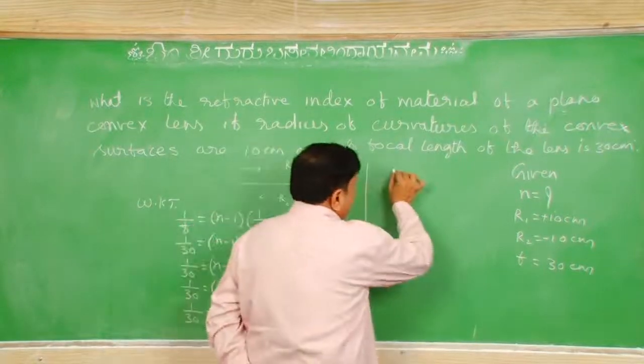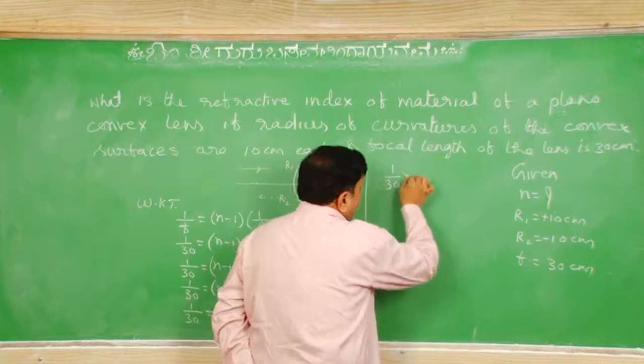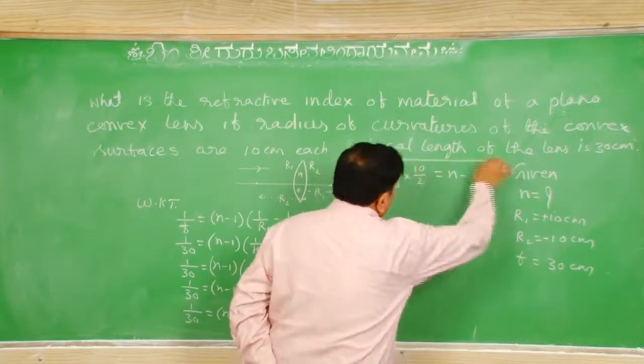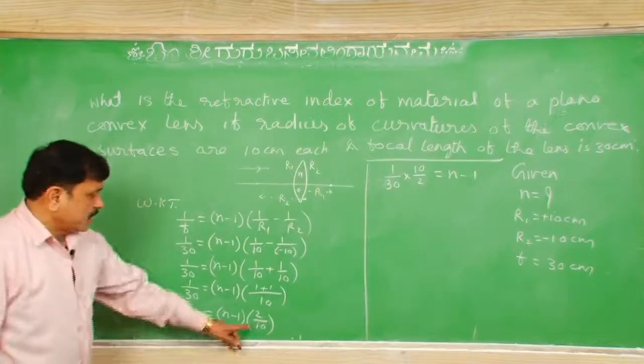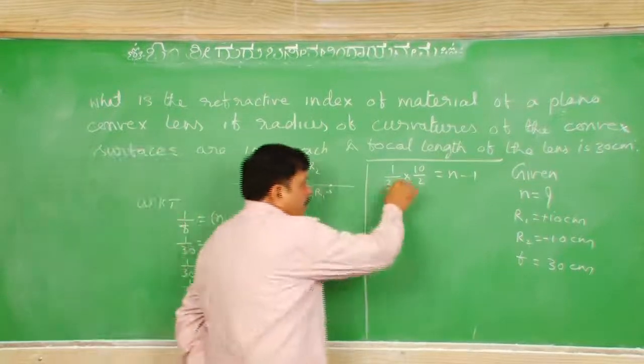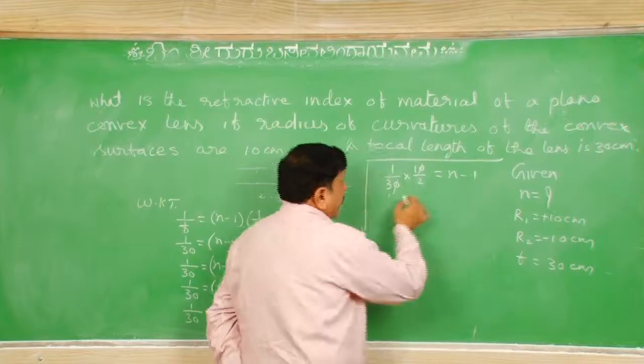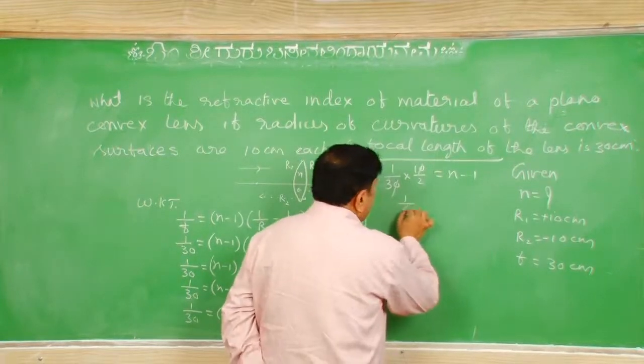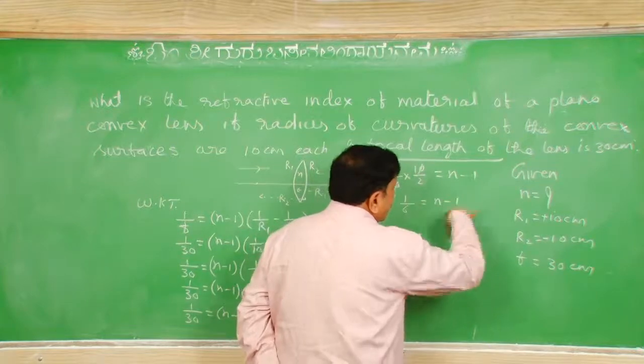This can be written as 1 by 30 into 10 by 2 equal to n minus 1. Now this will get cancelled, and we get 1 by 6 equal to n minus 1.